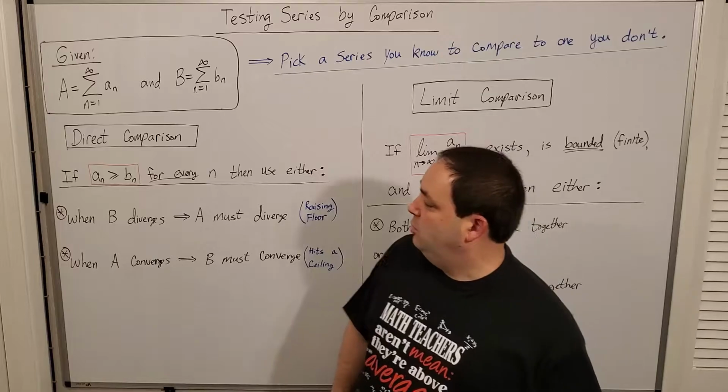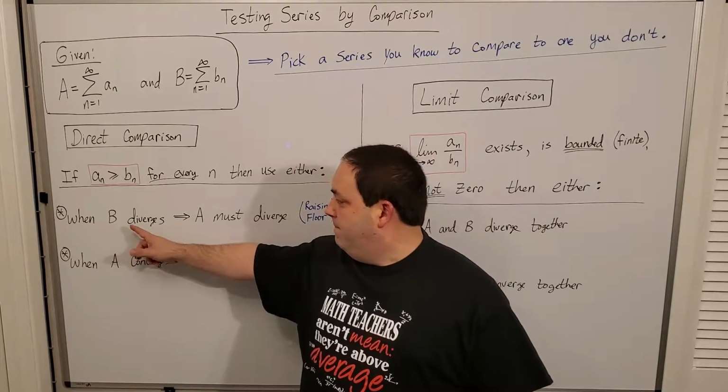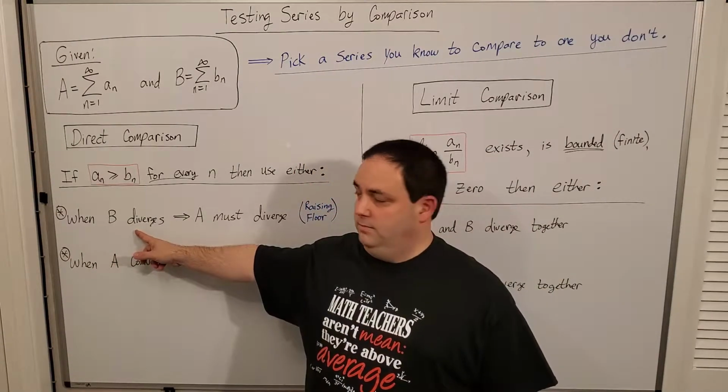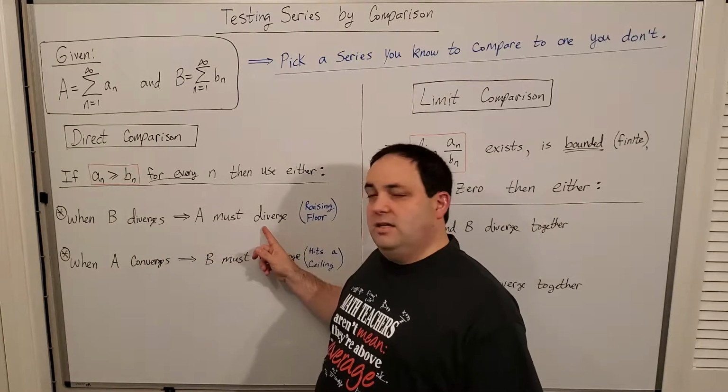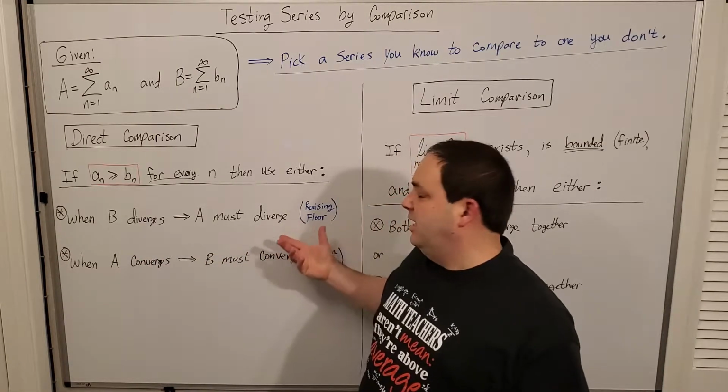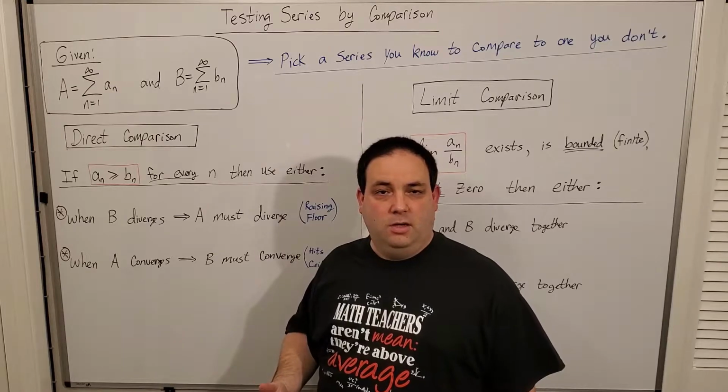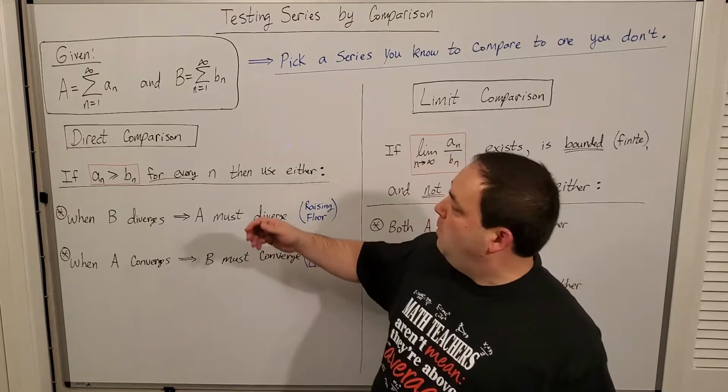So if B diverges, then A must diverge also. And I call that the rising floor or the elevator problem. Think about it.